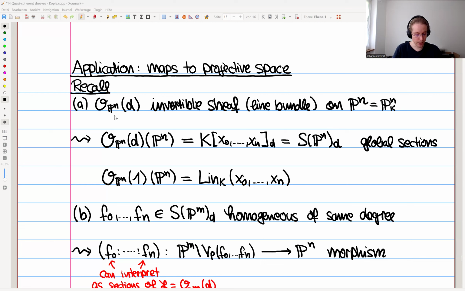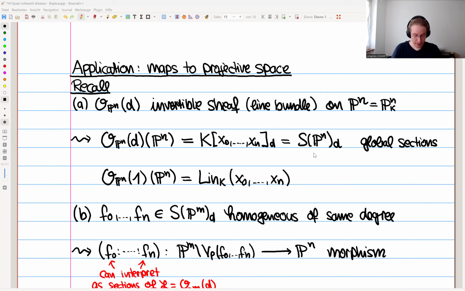So on the projective space Pn, we had these twisting sheaves. And we saw that they are invertible sheaves, or associated to line bundles on projective space. And we know about their sections: the set of global sections of O_Pn(d), when d is non-negative, is just the degree d part of this polynomial ring in n+1 variables, which is the same thing as this homogeneous coordinate ring of Pn.